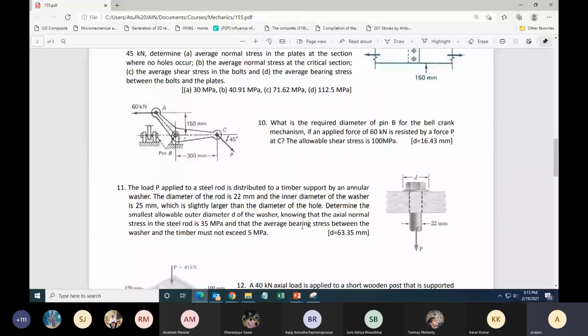So at B, you had both x and y components, yes? Did you do the square root of Bx squared plus By squared? No, sir. Again, recall our discussion about shear stress at a pin.